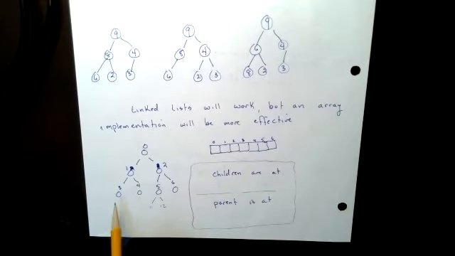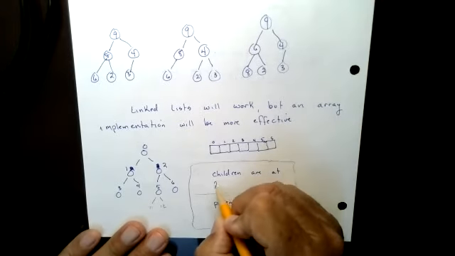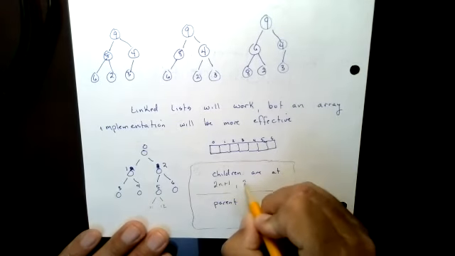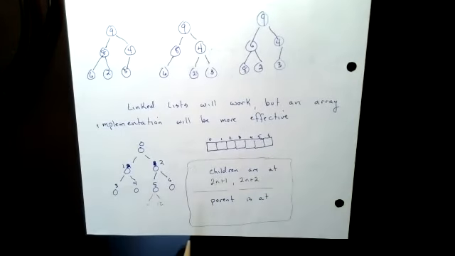Well, I can look at this and count 3, 4, 5, 6, 7, 8, 9, and 10. 4's children are at 9 and 10. 2n plus 1 and 2n plus 2. Very good. Just a reminder, we talked about this the other week. So if I want to find the child, I'm going to go to these locations, 2n plus 1, 2n plus 2.